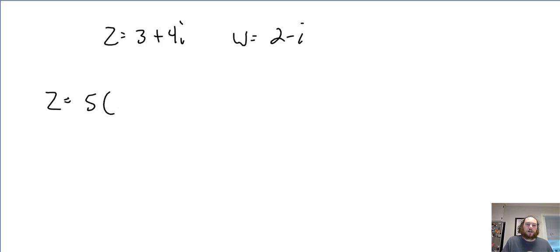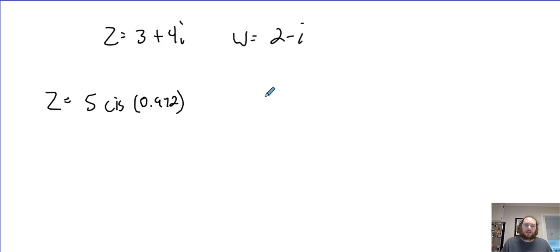So if I go back to my z and my w from the beginning of the video, 3 plus 4i and 2 minus i, as long as I know them in terms of their Euler or polar coordinates, I could use de Moivre's theorem to solve that. Just a reminder that z, in terms of its polar coordinates, was 5 cis 0.927.